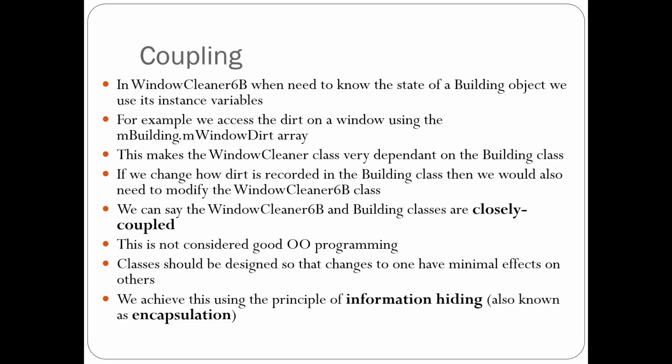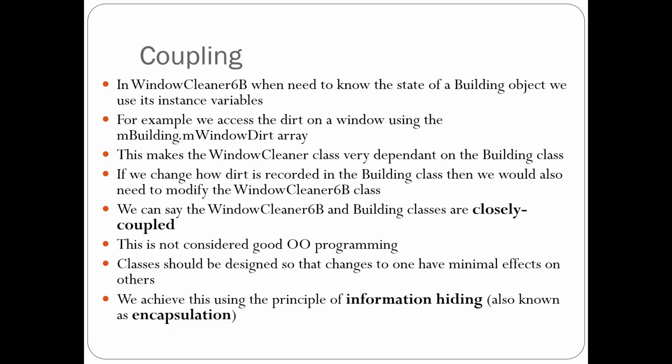Now, if we were to, as we've been doing since day one, write programs where everything is in one place, in one class, we have a situation which is called close coupling, which isn't considered a very organised object-oriented program, because different objects in the real world shouldn't have access to all the information for any other object.